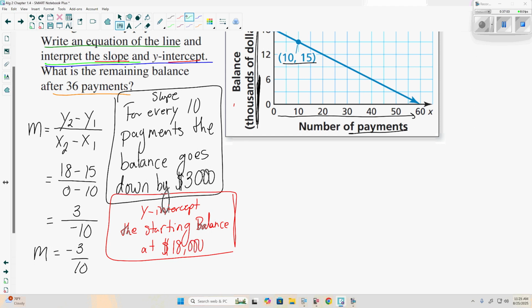Two things left. We're going to find the equation of the line, and then we'll figure out how much money we have left after 36 payments. So equation of the line: since we do have the y-intercept, 0, 18, the 18 tells us that the value of b is 18. What is our slope?